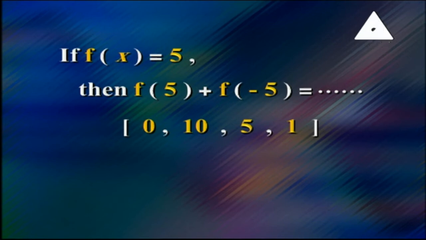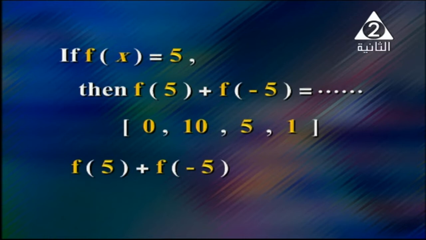So what about f(5)? Yes, f(5) will be 5. What about f(-5)? It will also be 5 as the function is constant. So f(5) plus f(-5) equals 5 plus 5 to obtain a result as 10, which is the second choice.